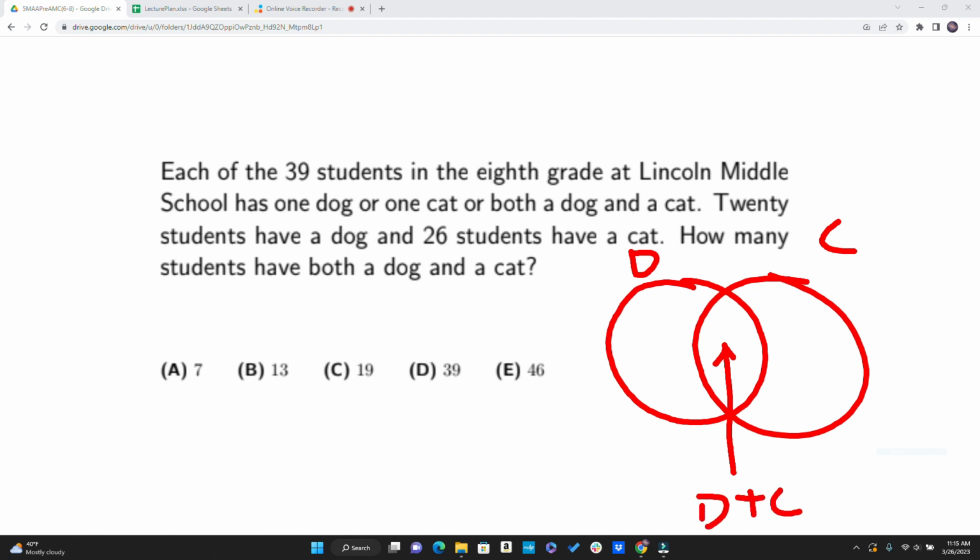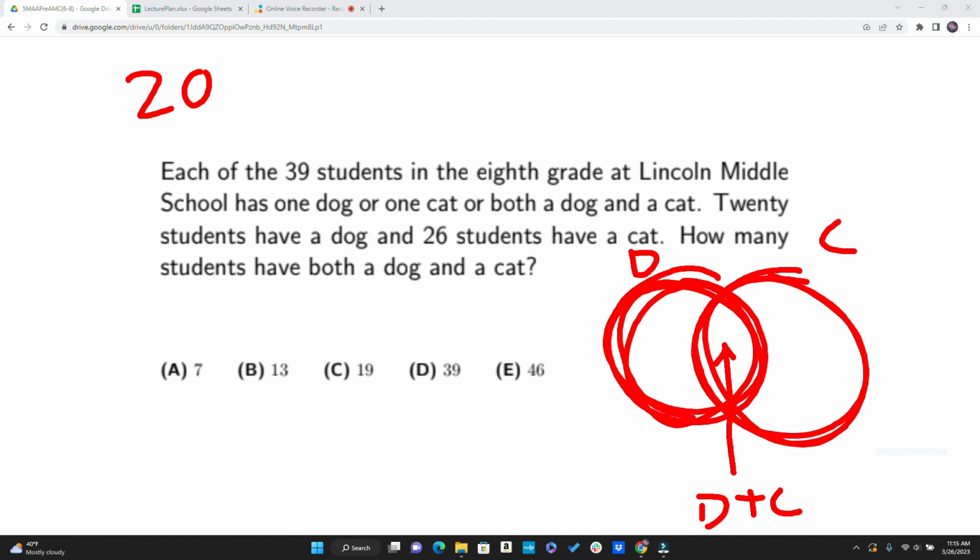So if we say there's 20 students who have a dog, that's everybody in here in this big circle. So that includes the people who have only a dog and the people who have both a dog and a cat. So that's 20 students have either just a dog or a dog and a cat. Okay, and then we have 26 students who have either just a cat or both a cat and a dog.